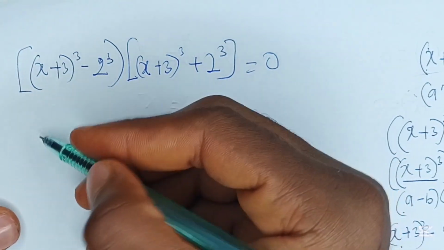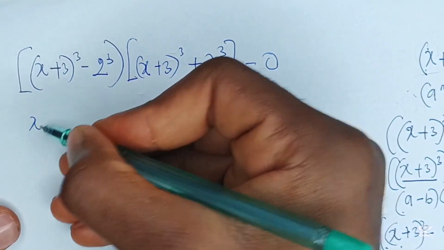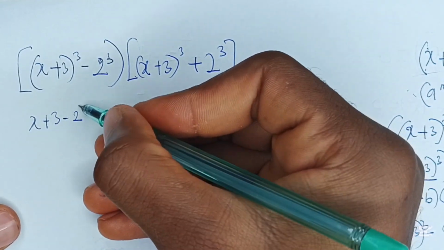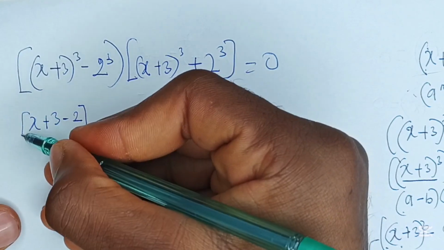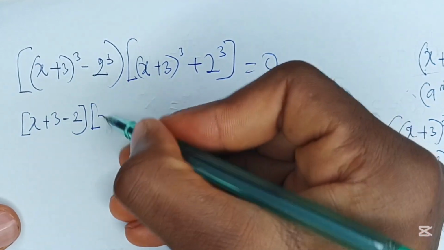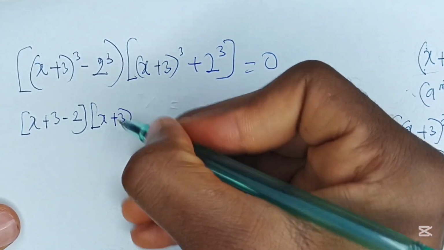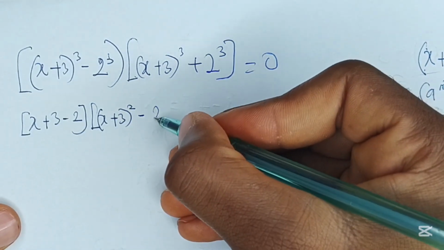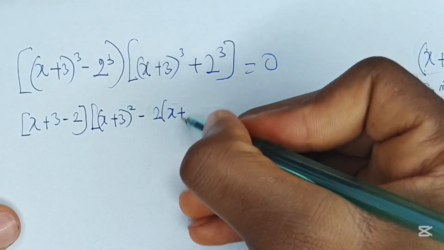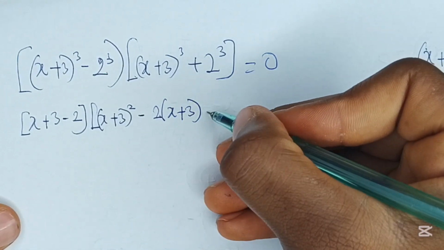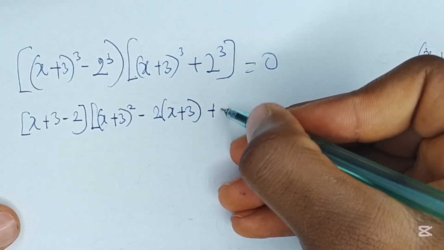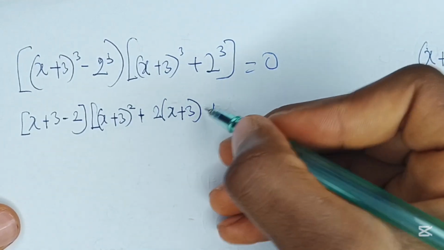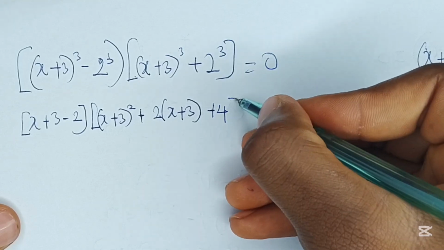So using these laws, we will now have (x + 3 - 2), that's for this one, multiplied by (x + 3)^2 plus 2 times (x + 3) plus 2^2, which is 4.